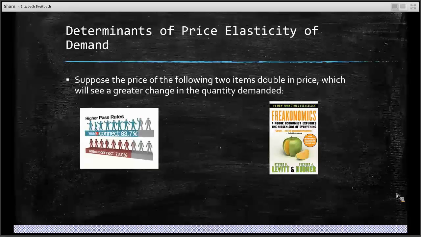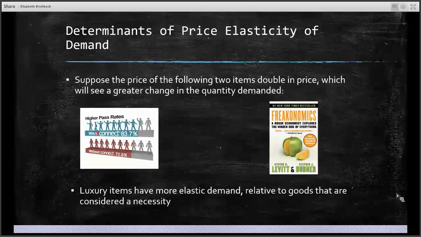Well, Connect is necessary for the course, and so there's not going to be a great change in demand. It's relatively inelastic. You need Connect in order to pass the course, and so that's considered a necessity for the course. Even if the price doubles, you're still going to have to purchase the product, and so the quantity demanded is not going to change much.